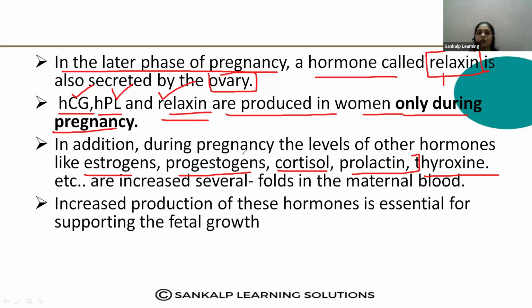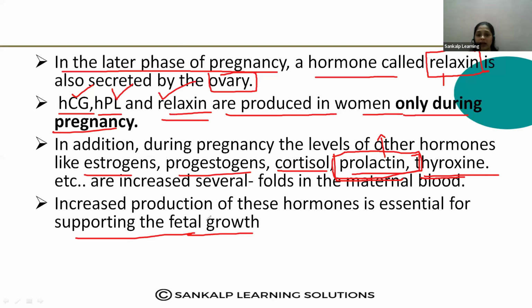It could be estrogen, progesterone, cortisol, and prolactin, which is produced by the pituitary gland and stimulates the mammary gland for the production of milk, and thyroxine by the thyroid gland. These are all higher in the maternal blood, and this is essential for supporting fetal growth.